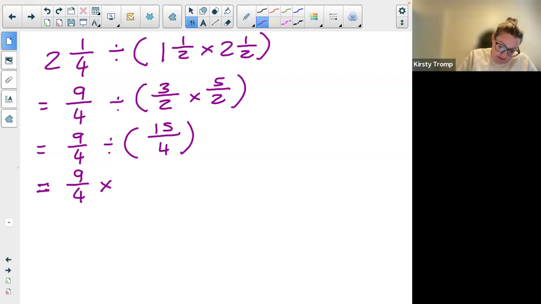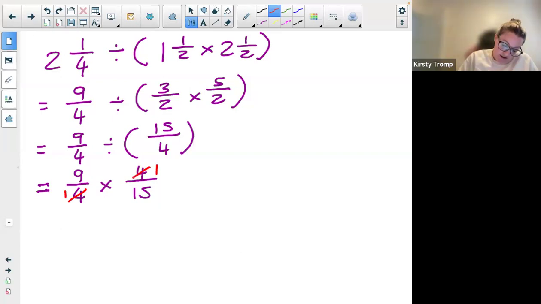Good. So the times by 4 over 15. Now we're going to keep, change, and flip. Good. Can I cancel some stuff out now? Yes, ma'am. You can cancel 4, which was 4 over, which is 1, and the other 4 on top, which is 1.